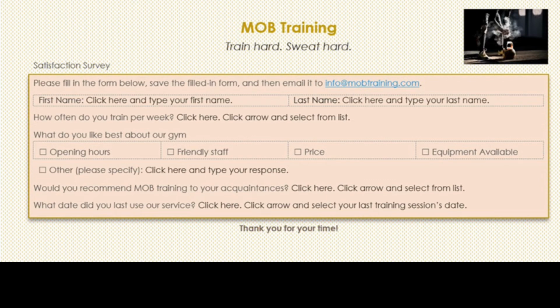They would only need to enter their name, how often they train per week, what they like best about our gym, which could tell us our best features, but also what we could work on in the future. Then, whether they would recommend our training centers to their acquaintances, and lastly, when they came to the gym for the last time.